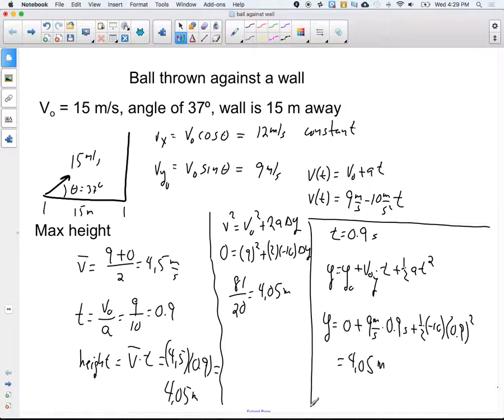The important thing to remember on this equation right here is that for our purposes, this is velocity in the y direction, and this is acceleration in the y direction.